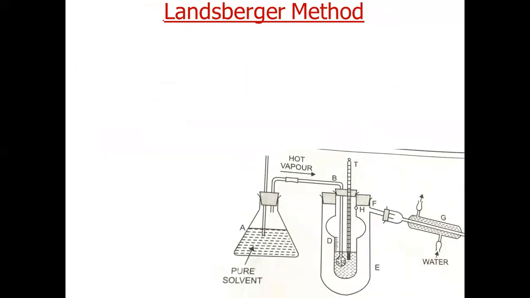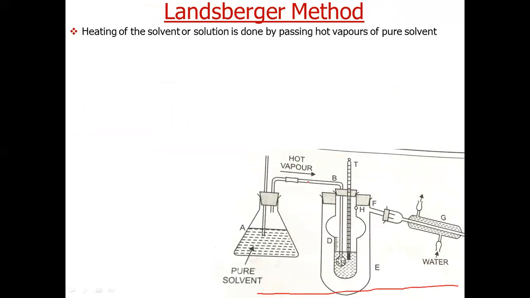Now, the method that is used to determine the boiling point of solution and solvent and the elevation in boiling point is the Landsberger method. The experimental setup is shown here. This method involves heating of the solvent or solution whose boiling point has to be determined. We don't directly heat it.